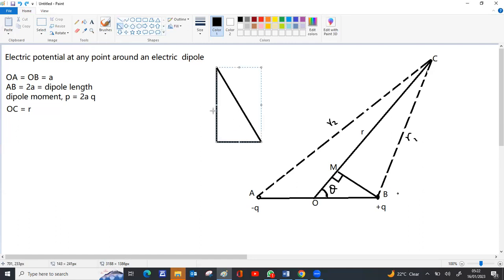But if the base is small, like you can see, the altitude can be almost equal to the hypotenuse. So if MB is very, very small, you can take BC approximately the same as MC. If it's very large, it will be totally different, but it has to be very small. That's the condition we are taking.